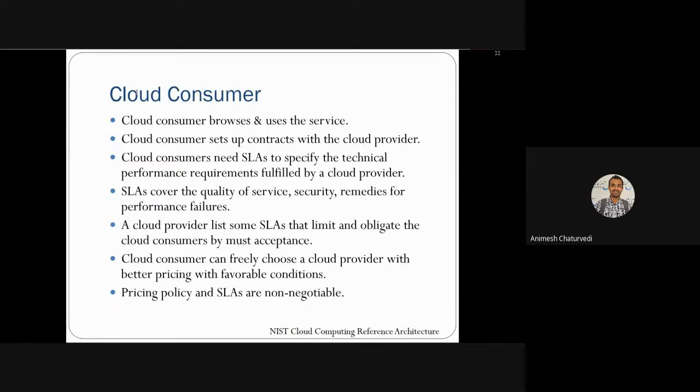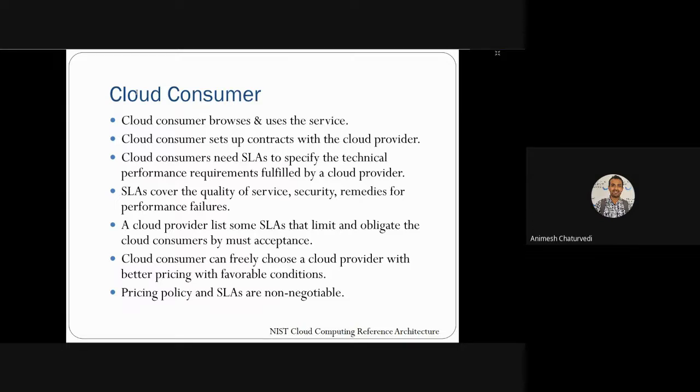The consumer could be a browser, a mobile app, or a desktop application used to access that service. There is a contract between the consumer as well as the provider, and these contracts are written into the service level agreements (SLAs), according to the specific technical performance required and the fulfillment by cloud providers.